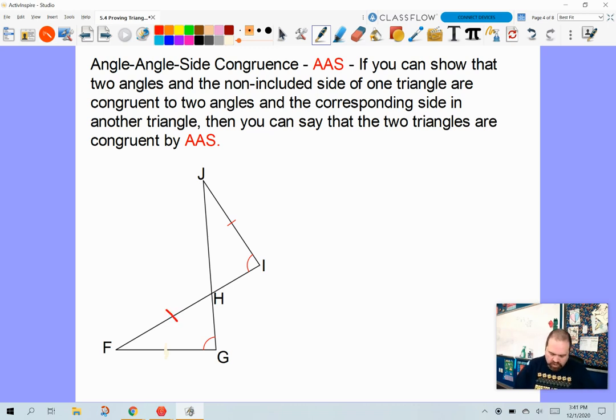Now, if you look, you're going to have the same three pieces of information in each triangle, but the side that's marked doesn't correspond. If you look at FH, this segment that's marked here is coming off of the angle that's marked with two lines, whereas in the other triangle, it's coming off the angle that's marked with one line.